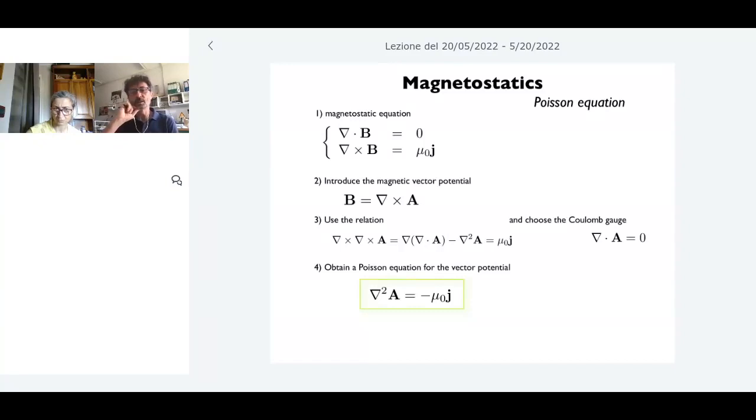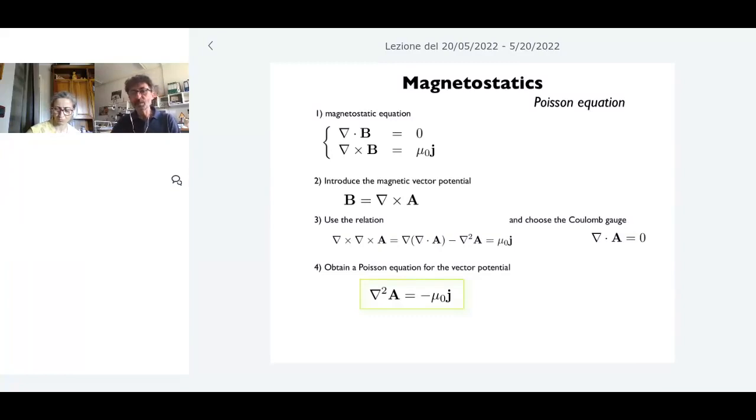You find it in treatments of electromagnetics everywhere. Here I use a few relations of vector analysis. If you put the curl of A into the second equation, then we find something which looks a little bit complicated, which is the curl of the curl of A. We have to know this analysis for vector fields to know that this can be simplified.